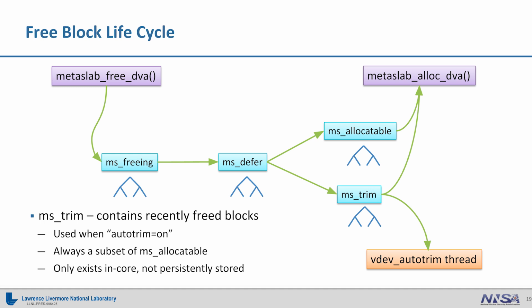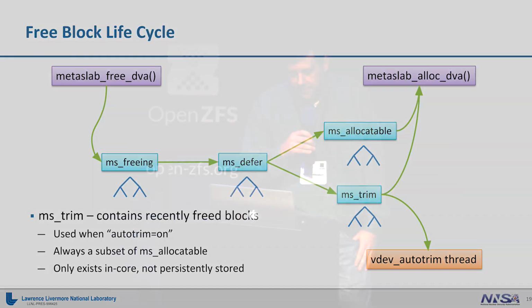It'll migrate as transaction groups get synced, right? And this block actually gets freed to these trees called ms_defer trees. It'll hang out there for a while before we return it to the ms_allocatable range tree. Once it's on the ms_allocatable range tree, again, it can be allocated again by metaslab_alloc_dva. This is the normal cycle that blocks make it through on ZFS.